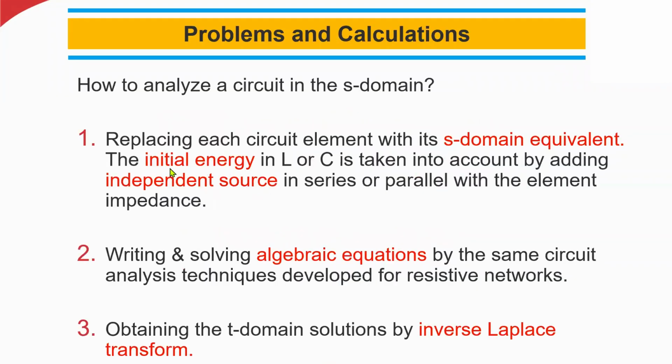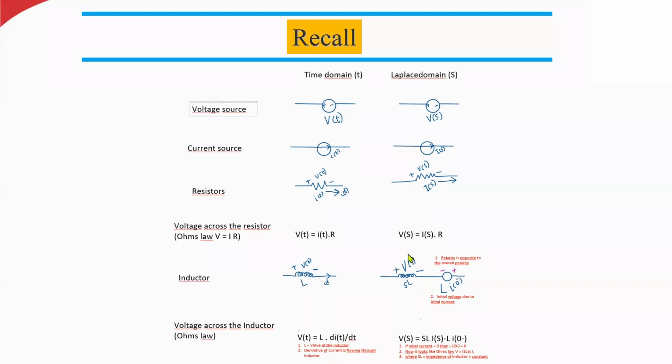So you have to consider the initial energy of the inductor and capacitor. You must take into account the initial voltage. So for example, I consider the initial energy as a series source. Here I draw the same inductor, and then I added one more source, the initial energy source. Remember, one important thing you have to note down: the inductor polarity is plus minus, and the initial voltage source polarity will be the opposite.